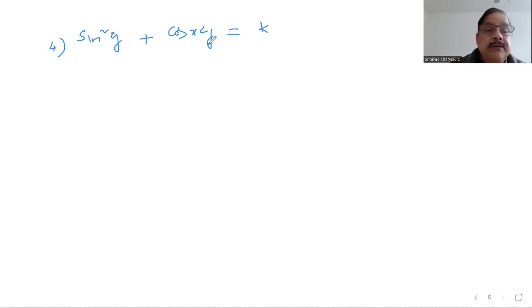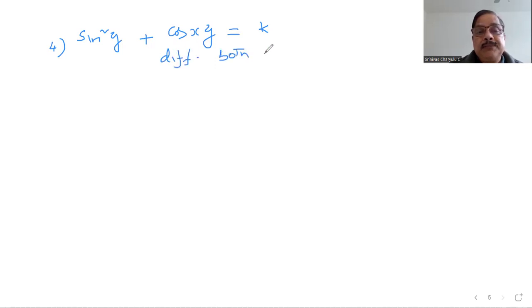This is also y only, sin square y plus cos xy, not cos square y. It is called cos xy. So I'm writing cos xy. sin square y plus cos xy is equal to k. Let us differentiate this.